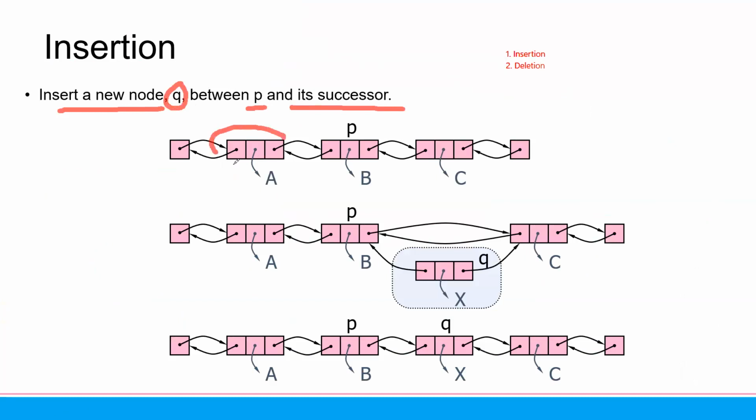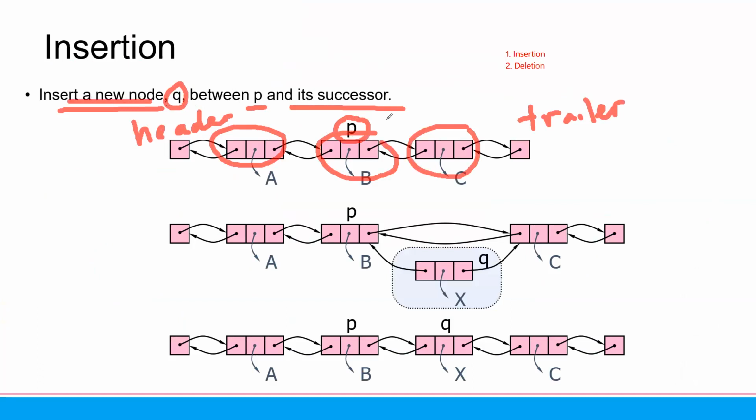This is the header, and this is the trailer. This is the first node, this is the second node, and this is the third node. I have the node P, and I want to insert a new node Q between P and its successor.